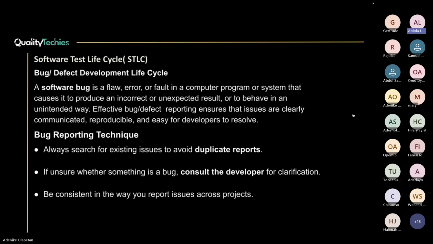So, speaking of this, what does a software bug mean? It's a flaw, an error or a fault in a computer program or system that causes it to produce an incorrect or unexpected result. It may also make it behave in an unintended way.